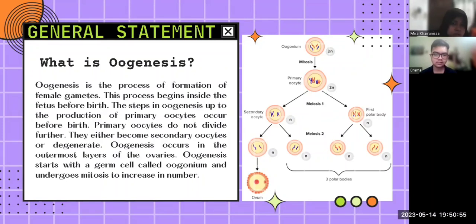Primary oocytes do not divide further. They either become secondary oocytes or degenerate. Oogenesis occurs in the outermost layers of the ovaries, and starts with a germ cell called oogonium, which undergoes mitosis to increase in number.